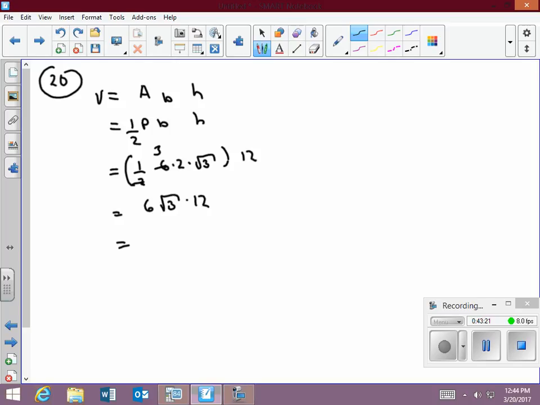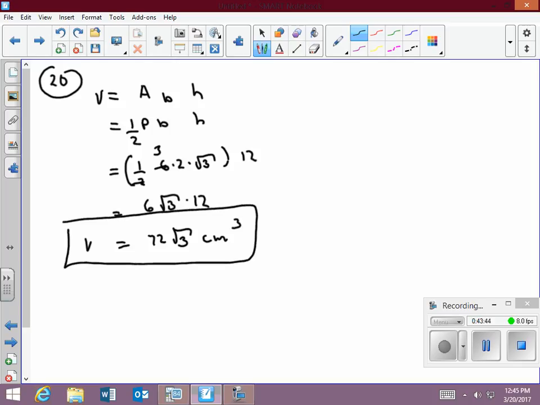To have an exact number, you'd have 72 times the square root of 3. And this would be centimeters what? Cubed. Because it's volume. Otherwise, it's going to be an approximate number. That would be exact.